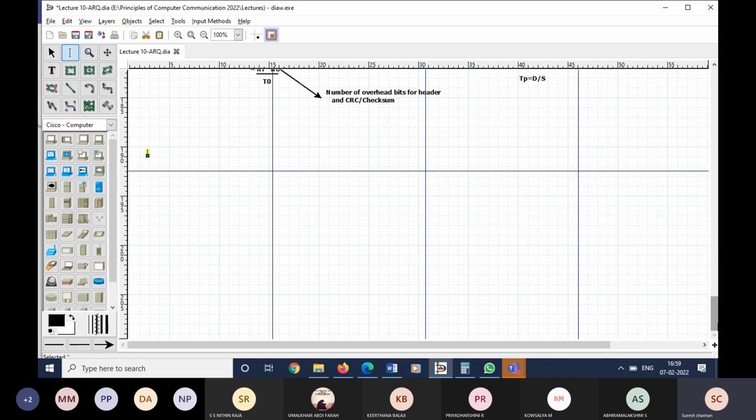And if time permits, I'll take the sliding window protocols, that is go back N and the selective repeat ARQ protocol. Right. So the first topic which I'm going to introduce right now is the transmission efficiency on the error-free channel.